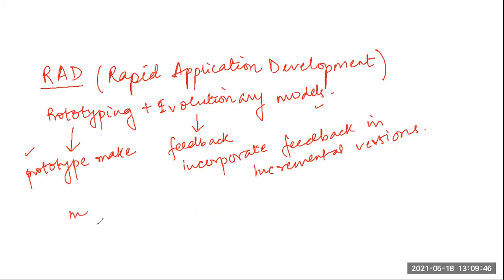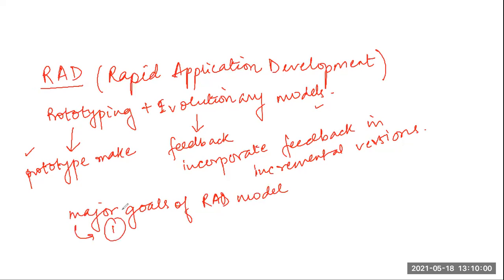Now this gives us a few goals of this RAD model. The first goal is obviously to decrease the time taken and the cost incurred in order to develop the entire software.